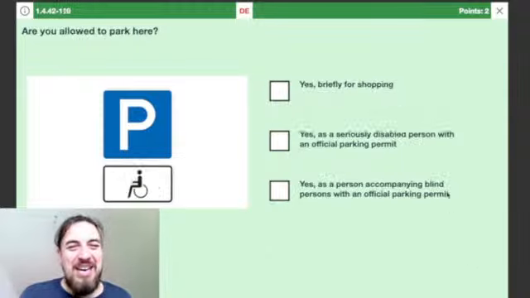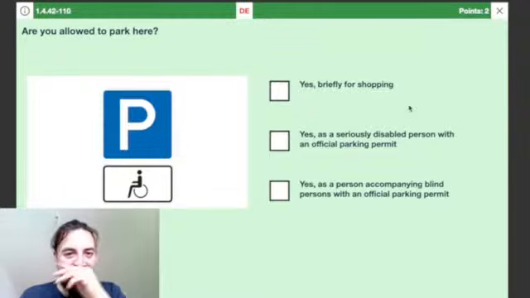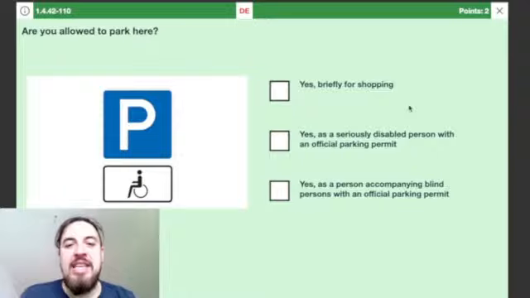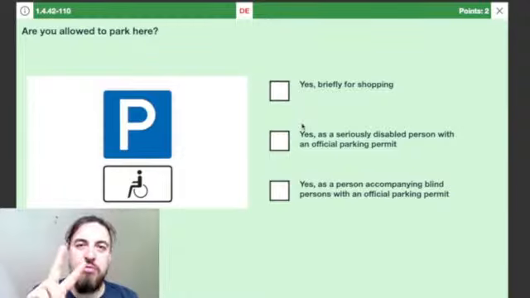Are you allowed to park here? So, yes, briefly for shopping. Yes, as a seriously disabled person with an official parking permit. Yes, as a person accompanying blind persons with an official parking permit. Right? There are two correct answers.